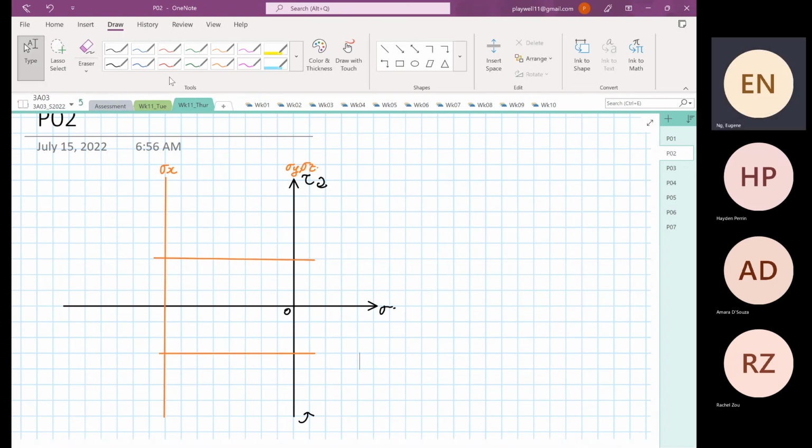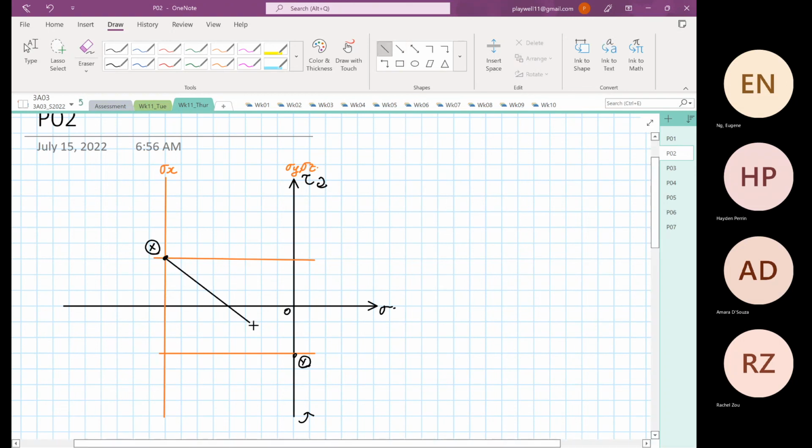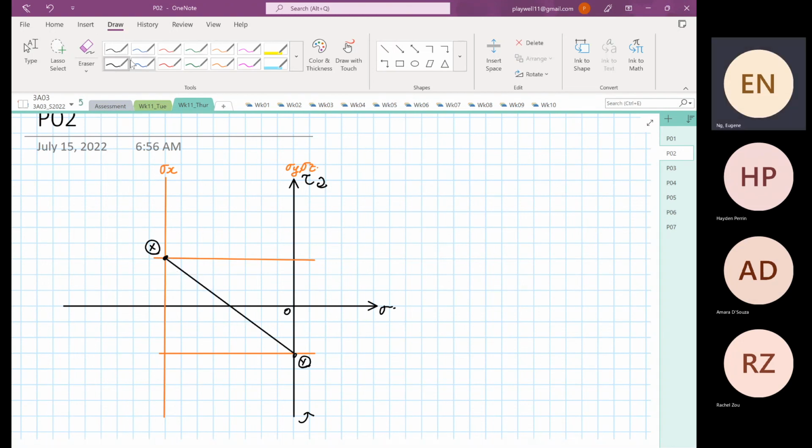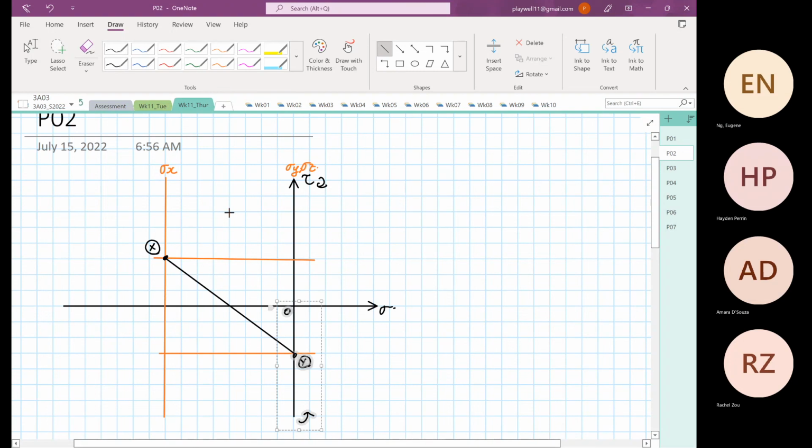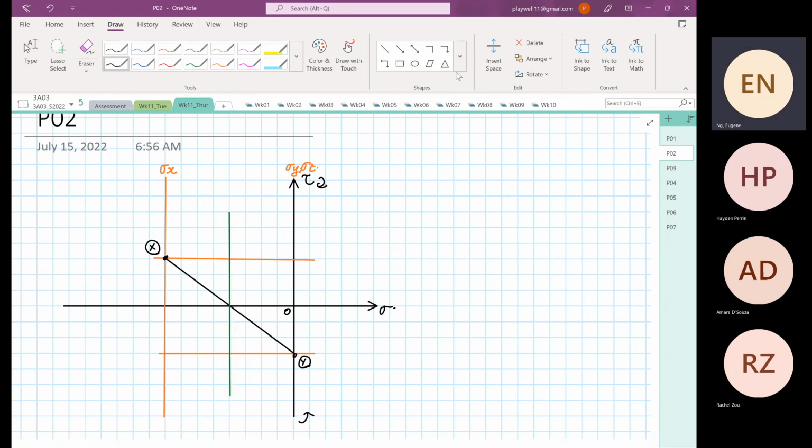I'm trying to do something similar to what we had before. There's our point X, there's our point Y, and then we have our average stress. Then from here, we construct our 2D Mohr circle.